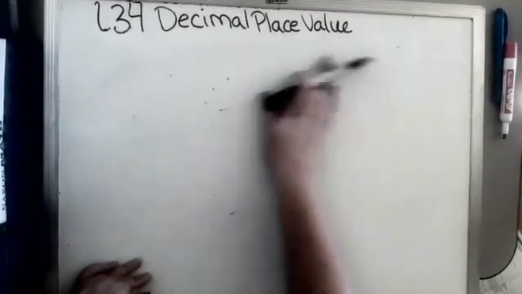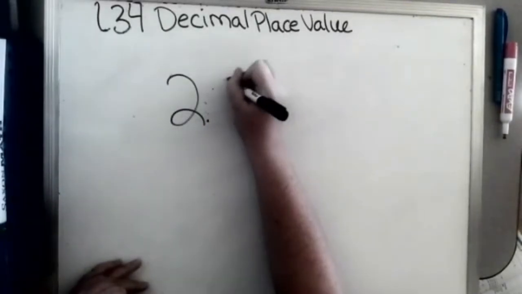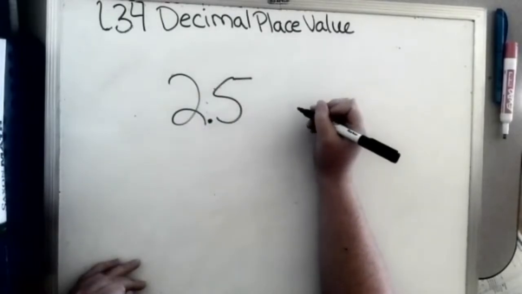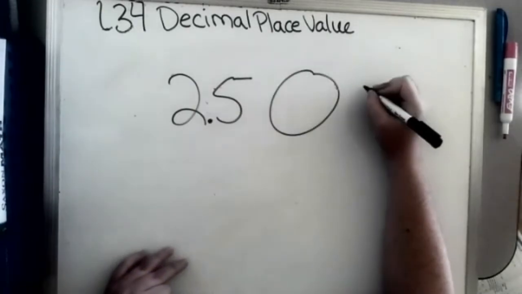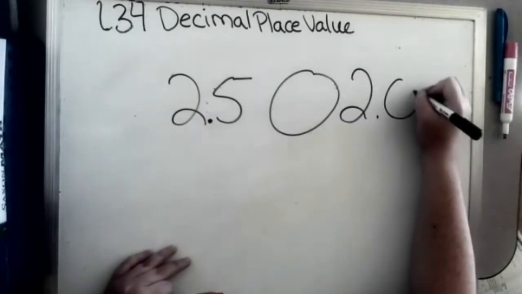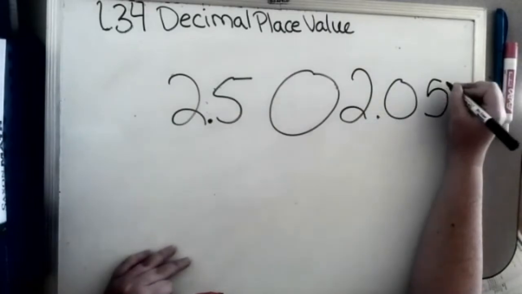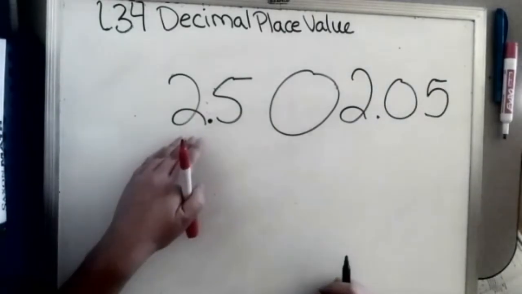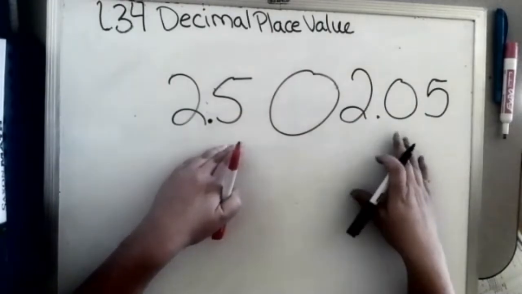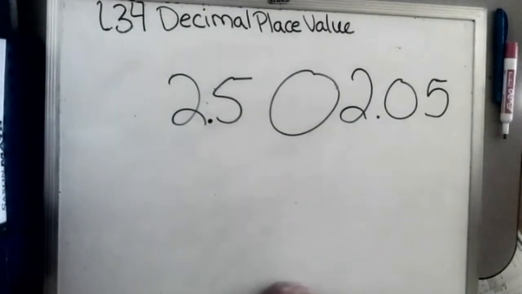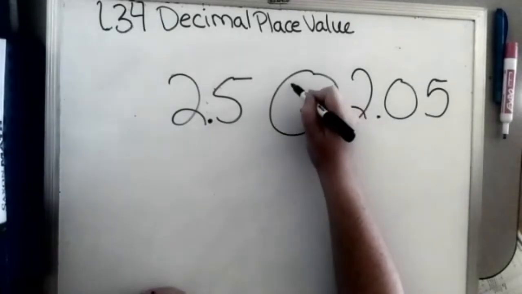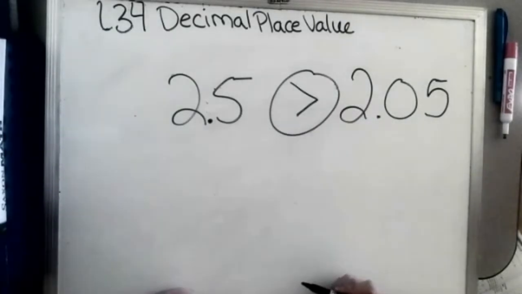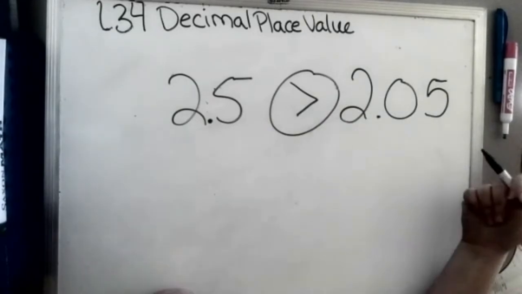So if you were comparing 2 and 5 tenths to 2 and 5 hundredths, you would be looking at the 5 hundredths is actually smaller. This one is larger, okay? Because the farther this way you go, the smaller the number is.